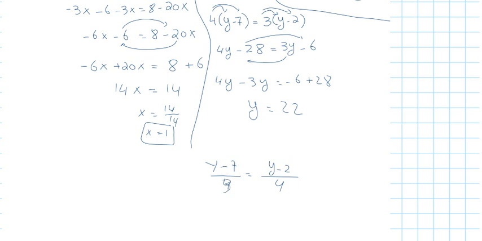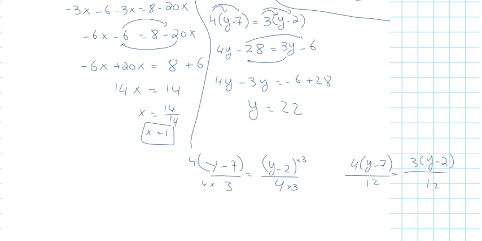So if you want to do a common denominator, which is 12, that means I have to multiply this by 3, and I have to multiply this by 3. That means I have to multiply this by 4, and I have to multiply this by 4. Okay? So I'm going to end up with 4 times y minus 7 over 12 equal to 3 times y minus 2 over 12.